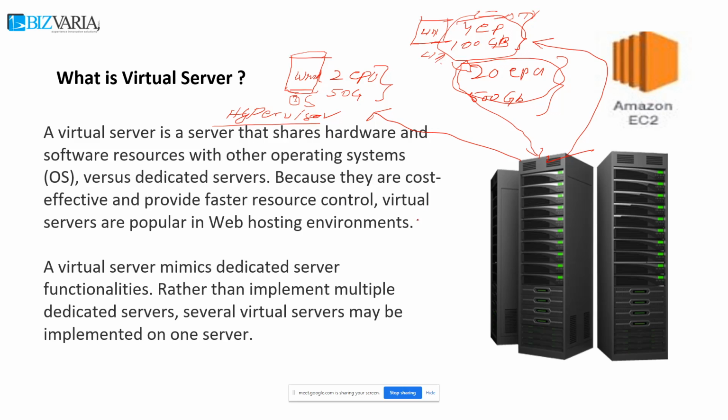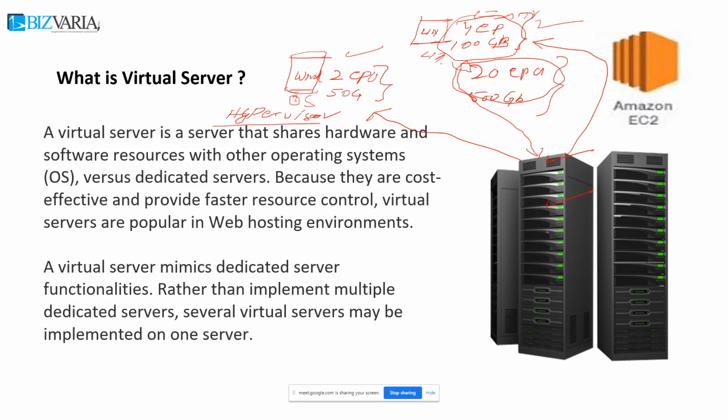So what is actually happening in the next statement: virtual servers mimic dedicated server functionality. If these CPUs are physically installed in this machine, whatever function they do, they will be doing the same function in the virtual environment for my machine and for Fahad's machine.